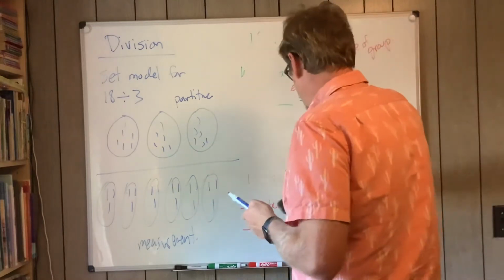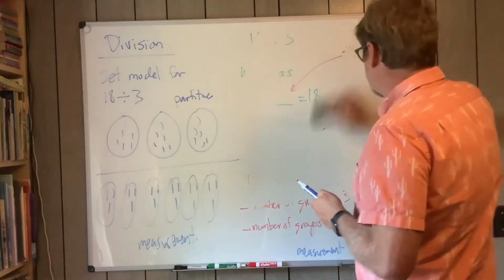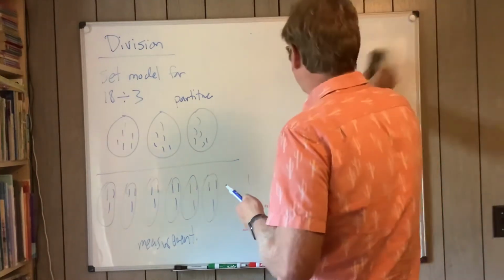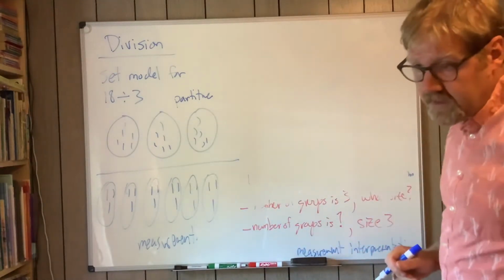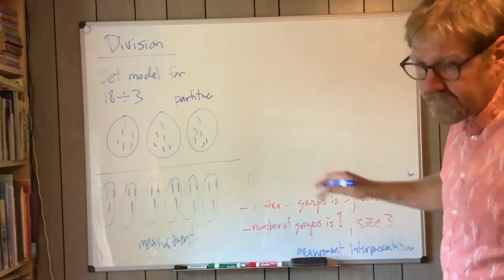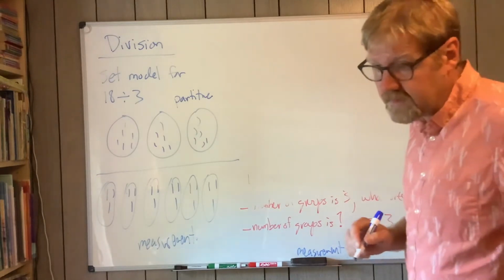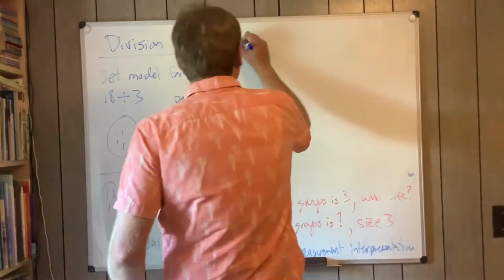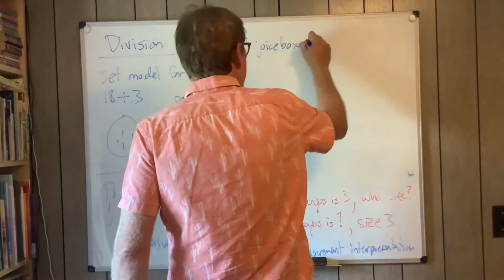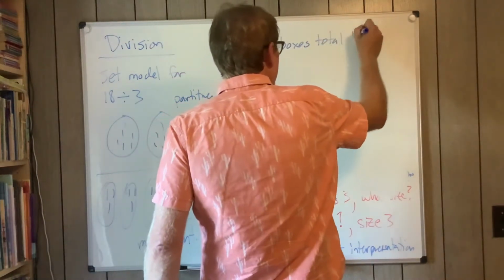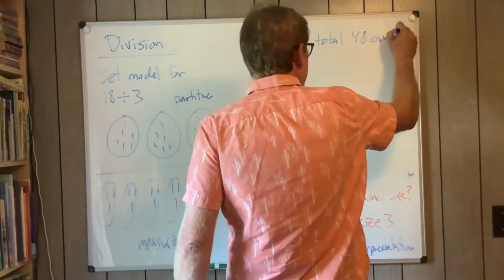So let me just write down a couple of word problems, and we will sort of analyze this a little bit more. So I have 8 juice boxes, total 48 ounces.